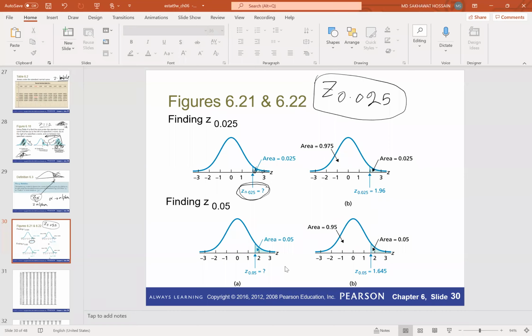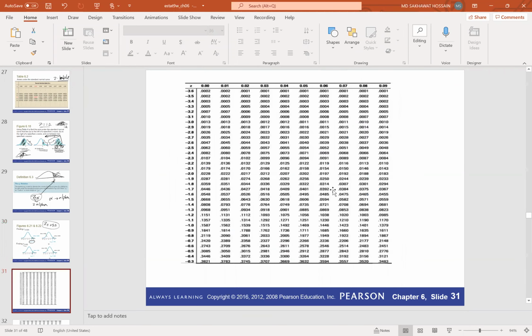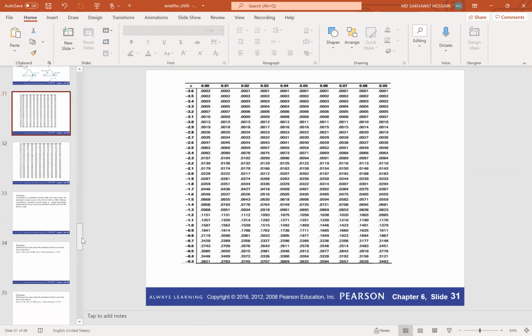We want to find the Z value where the area on the right side is 0.05. Okay, we'll come back to this slide later, because first you need to get used to the Z table.